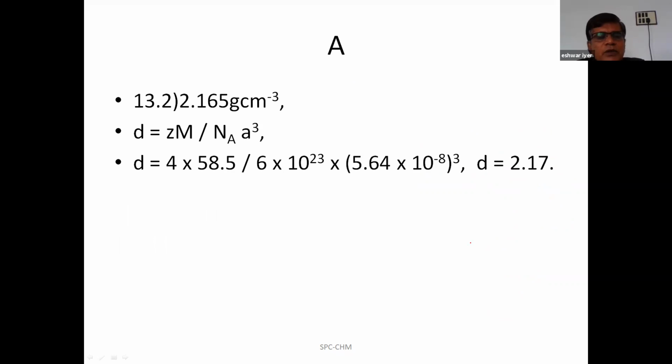Z M over Na A cube. So 4 into 58.5 by Avogadro number into the picometer in centimeter. We have substituted here. So that comes to 2.17. But the answer is nearest. You may not get the exact answer when calculated. So the answer is 2.165 grams per centimeter cube.